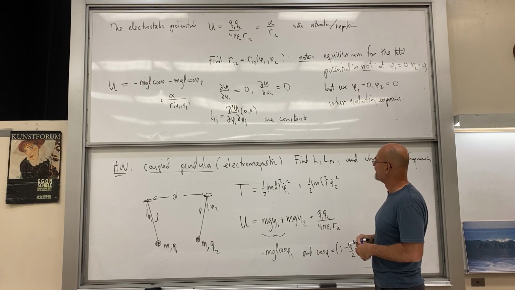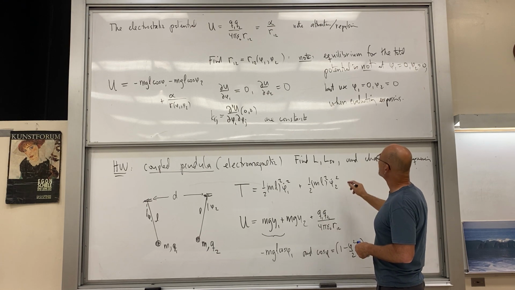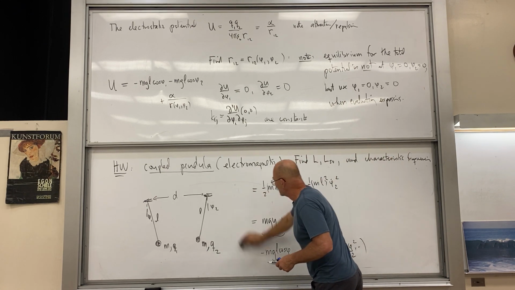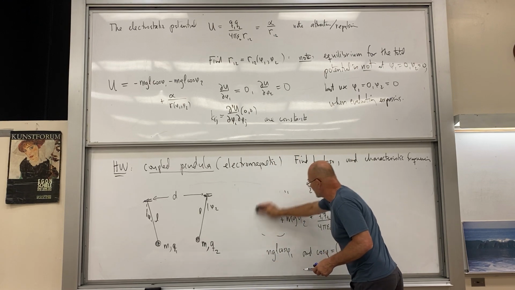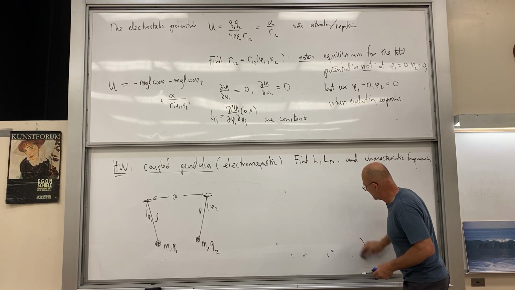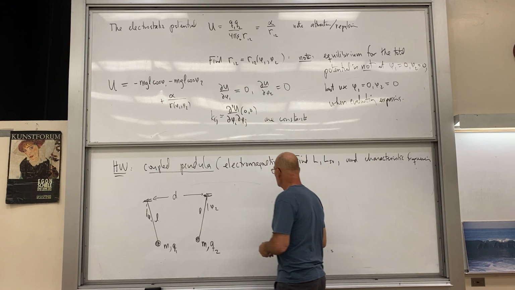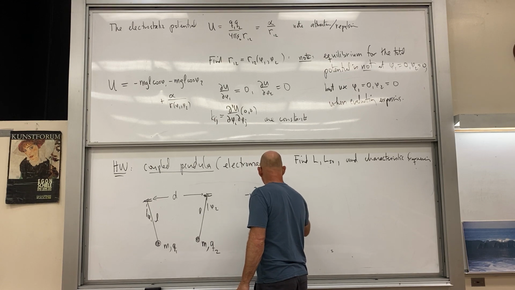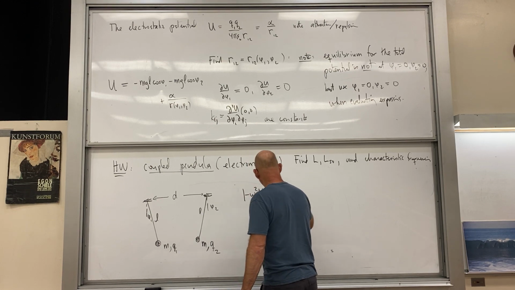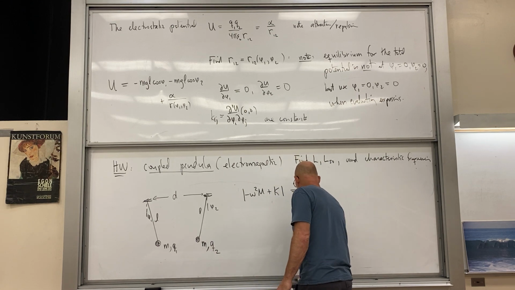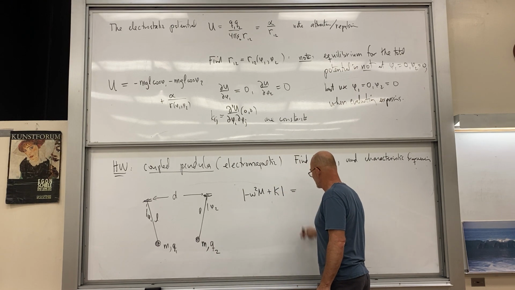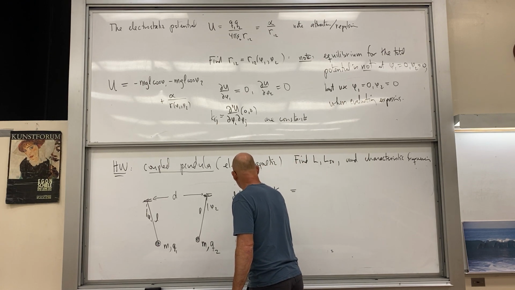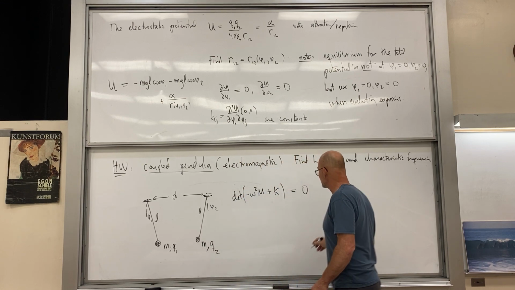And I'll erase and just remind us what we're going to find. We're going to look for minus omega squared M plus K determinant equals 0. And we write it in words so that it's there. The determinant of this expression equals 0.